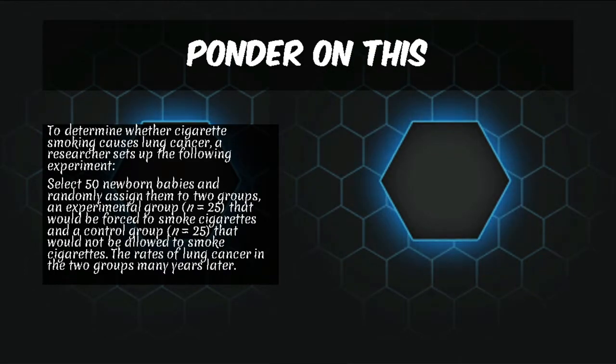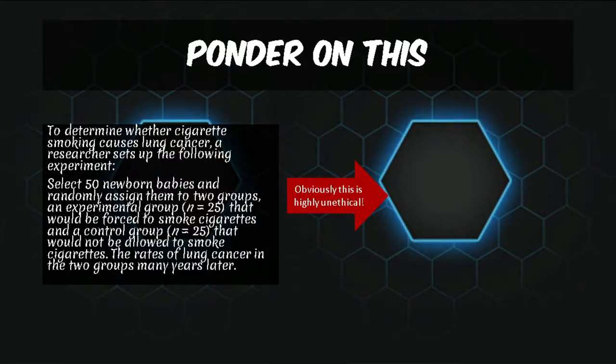I'm going to select 50 newborn babies and assign them to my experimental and control group. The experimental group, consisting of 25 newborn babies, will smoke cigarettes, and then the rates of lung cancer in the two groups will be identified many years later. Well, obviously, this is a highly unethical research.